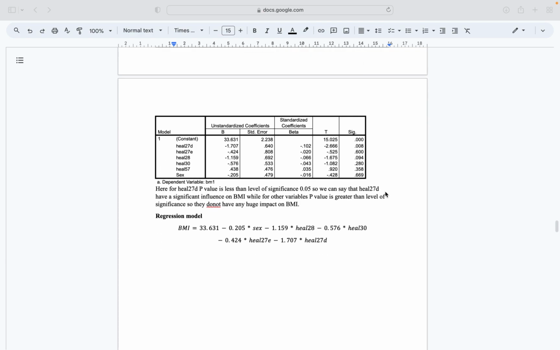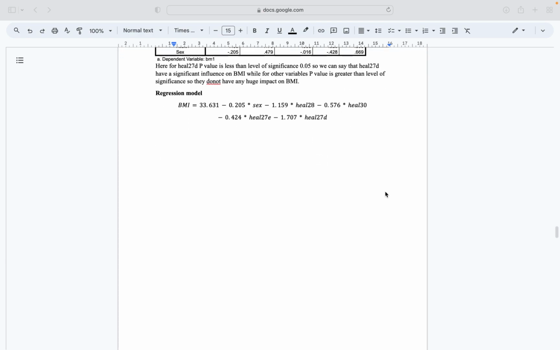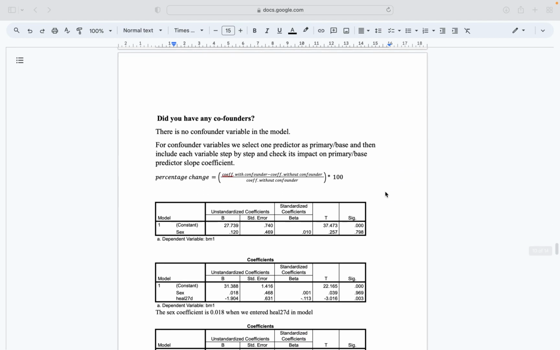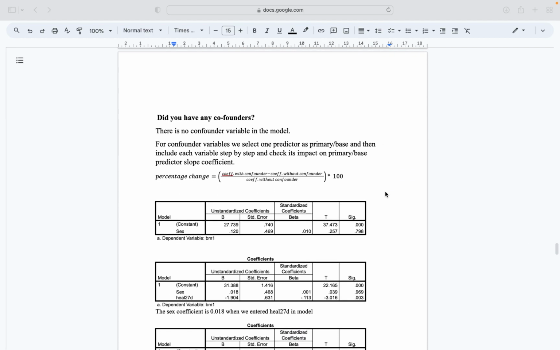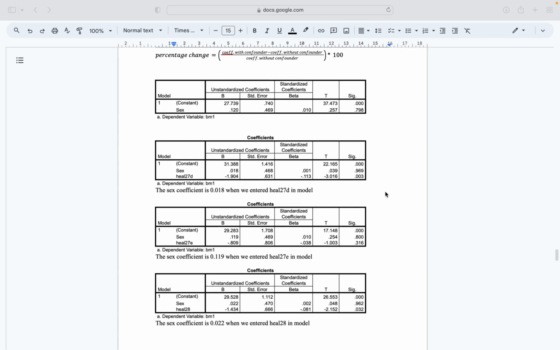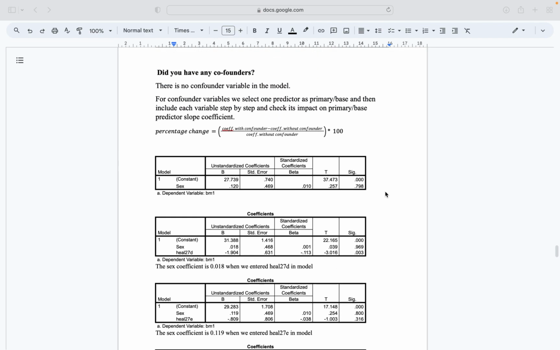These are my regression models below. Did I have any confounders in this analysis? There is no confounder variable in this model. For the confounder variables, we select one predictor as primary and then include each variable step by step to check its impact on the primary predictor's slope coefficients. These are the descriptive statistics for that.